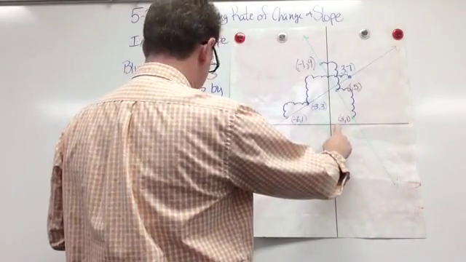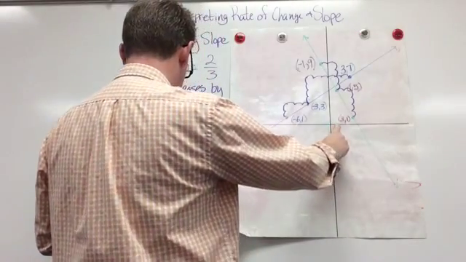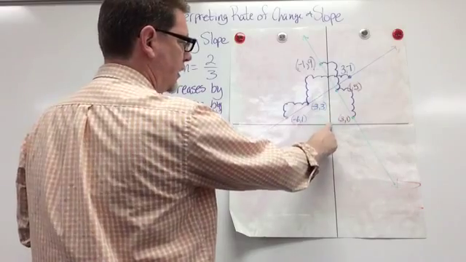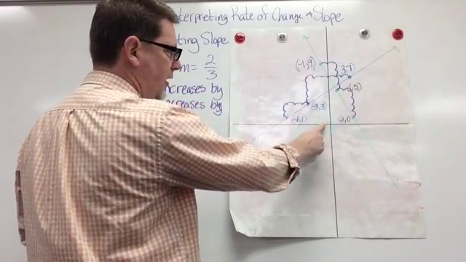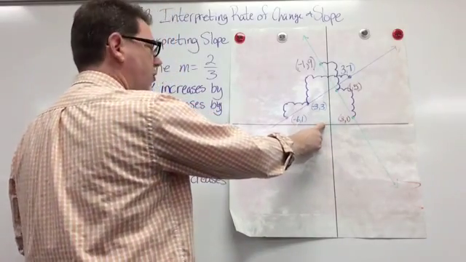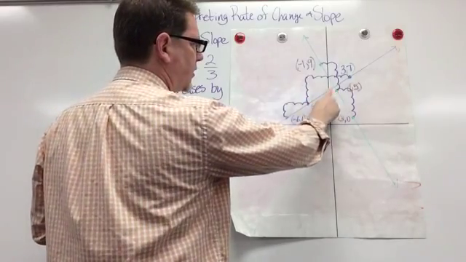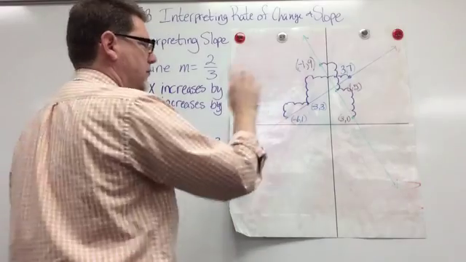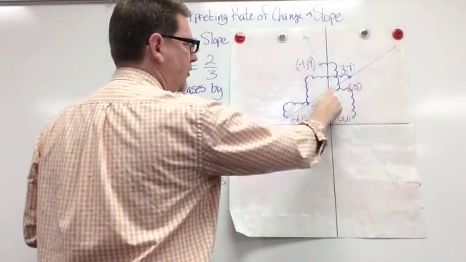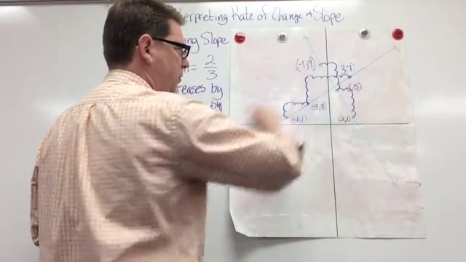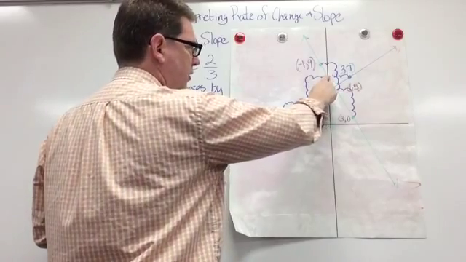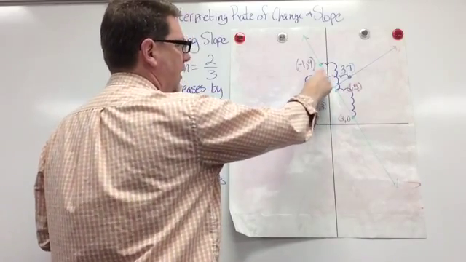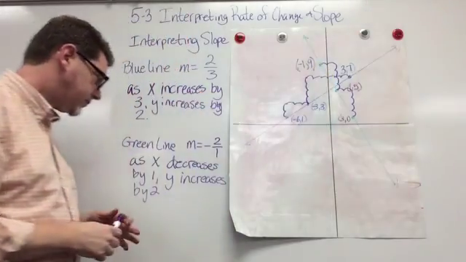As x decreases, as I go down, the y increases by 2. I said that wrong. As I go left, y increases by 2. As the x decreases, which means I go left, y increases by 2.